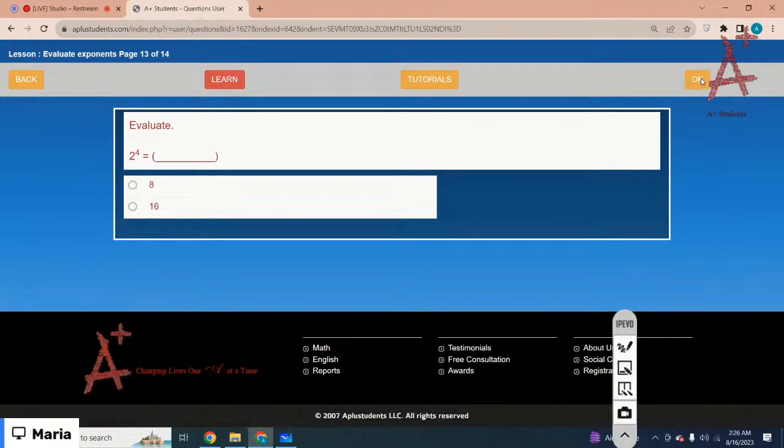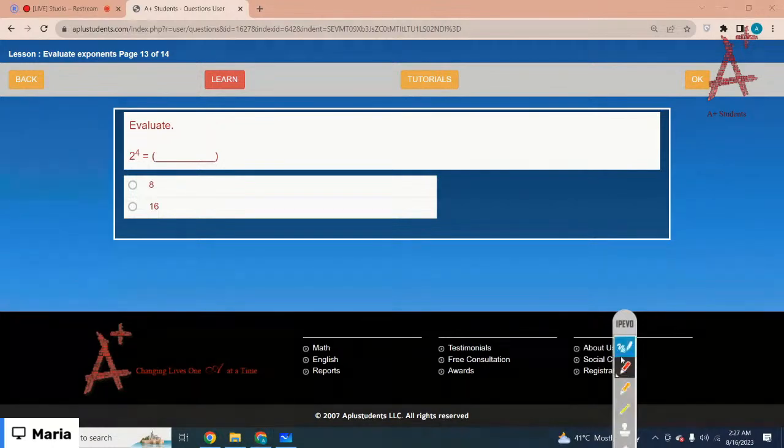Okay, 2 exponent 4, which is the correct option? That means you have to do 2 four times.